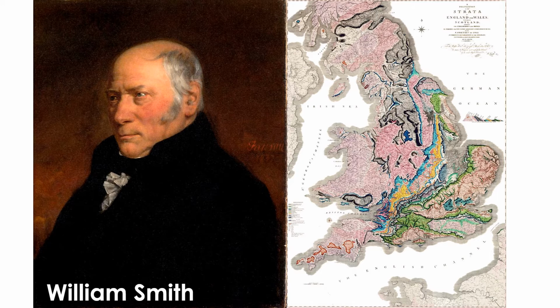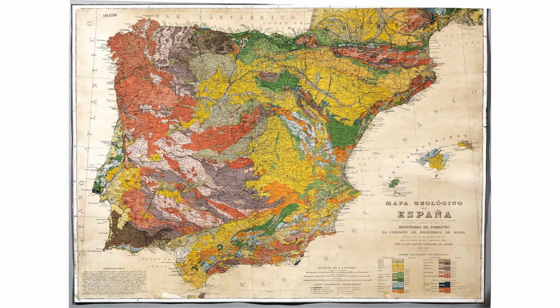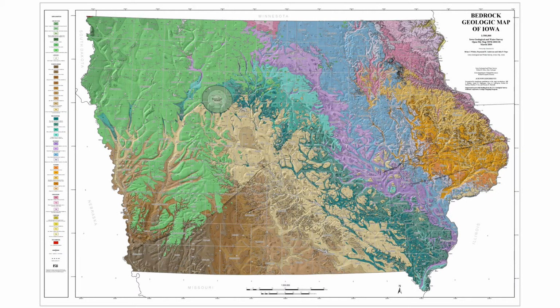In this case, it was a map of Great Britain. Since then, geologic maps have come a long way. They have evolved into some of the most important, fundamental, and sophisticated tools available to geologists and amateurs alike.